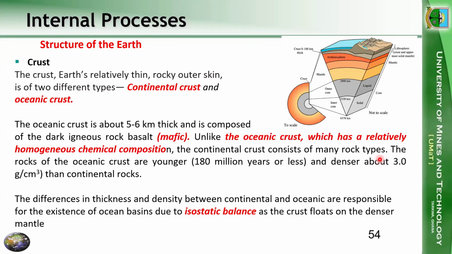And the difference in thickness and density between the continental crust and oceanic crust is responsible for the existence of ocean basins due to what we call isostatic balance. Isostatic balance is a force of equilibrium between the crust and the mantle or the asthenosphere.